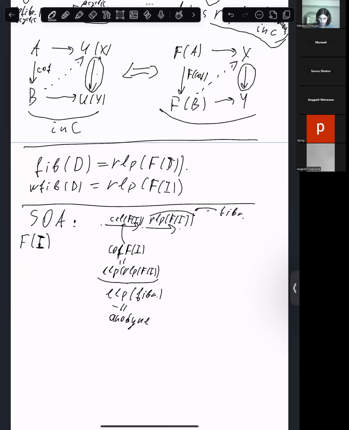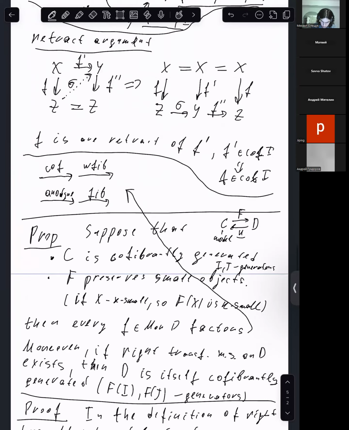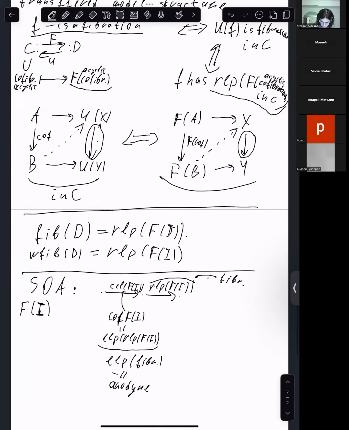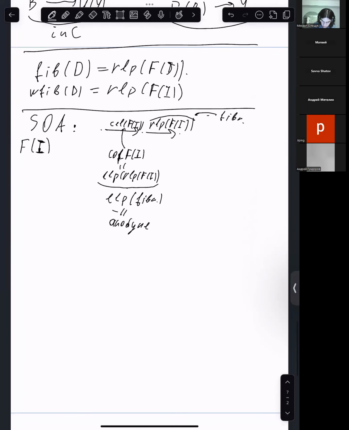So we have a factorization into the composition of an anodyne map followed by a fibration. The first one, second one. And the first one, analogously, but we will write f of j here, and f of j here.